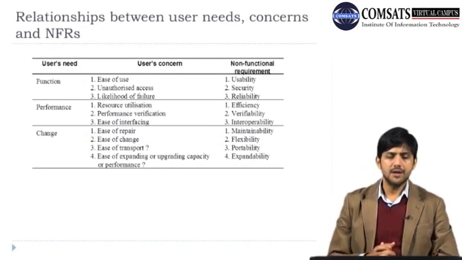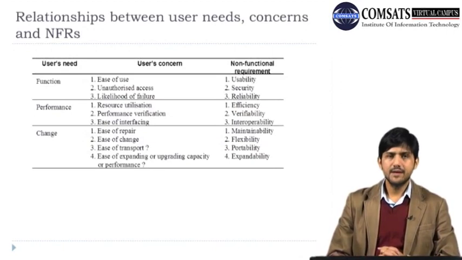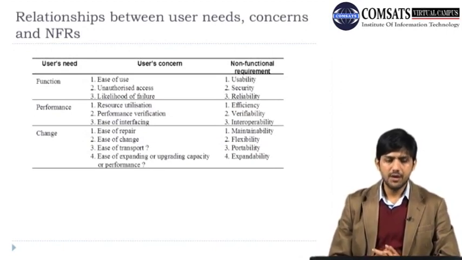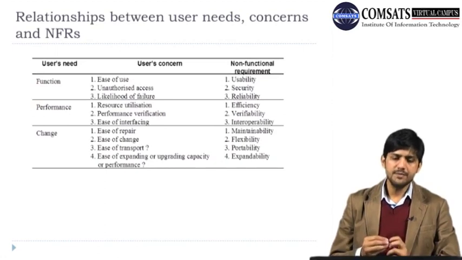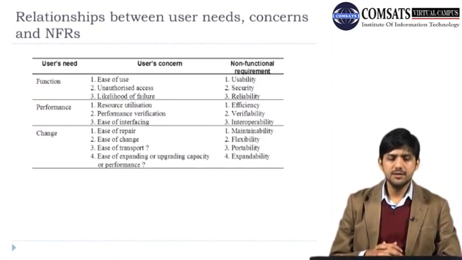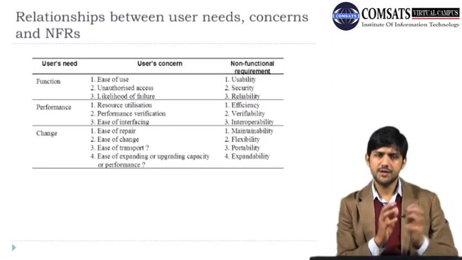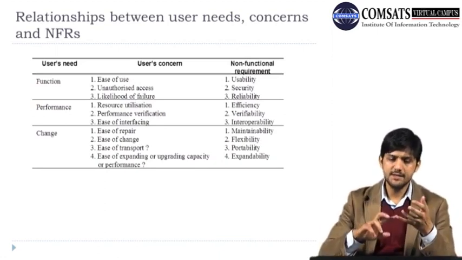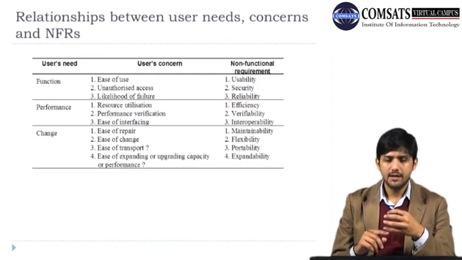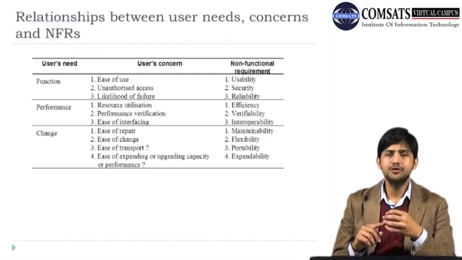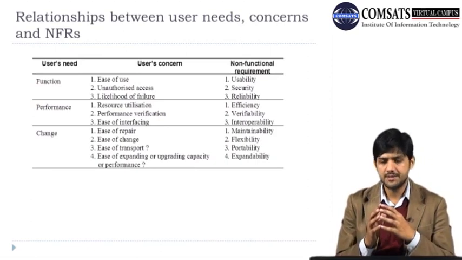So let's try to figure out the relationship between the user needs, concerns, and non-functional requirements. Now, user needs can be classified into function, performance, and change. The user concerns can be related to the functionality of the product: that the product should be easy to use, there shouldn't be any unauthorized access, and the likelihood of failure should be minimized.